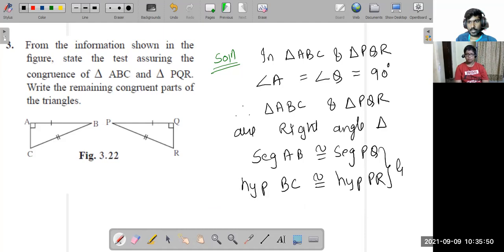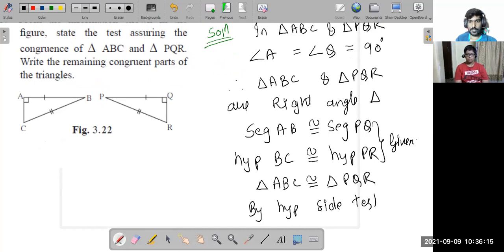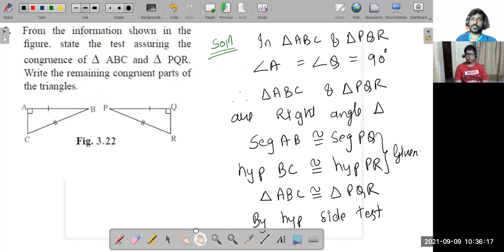These both are given. So finally you can say that triangle ABC is congruent to triangle PQR by hypotenuse side test. Clear this much?